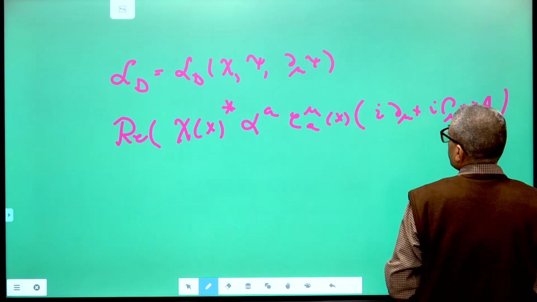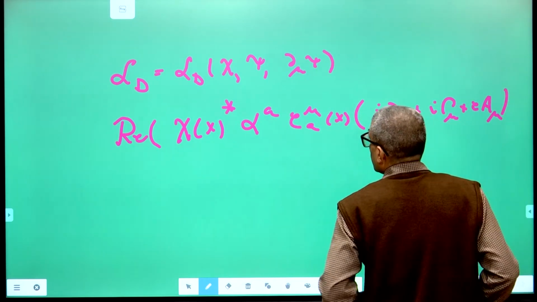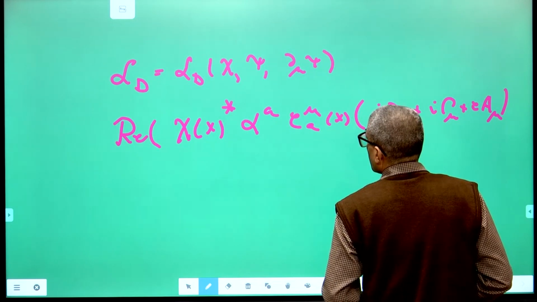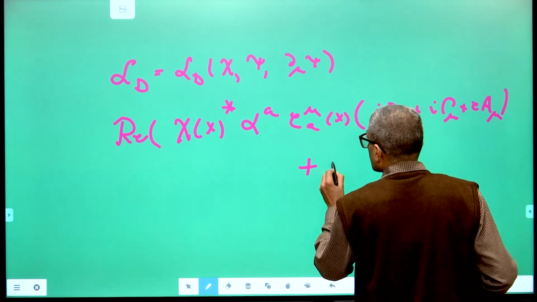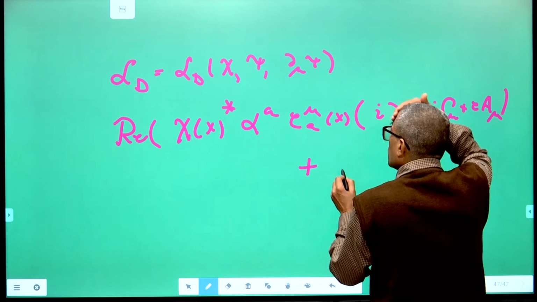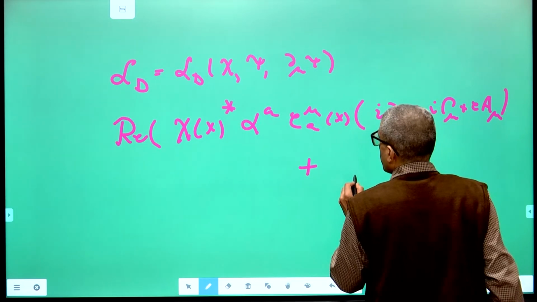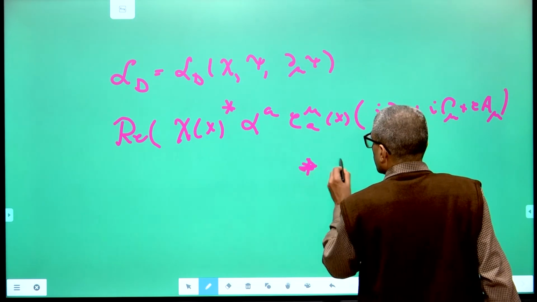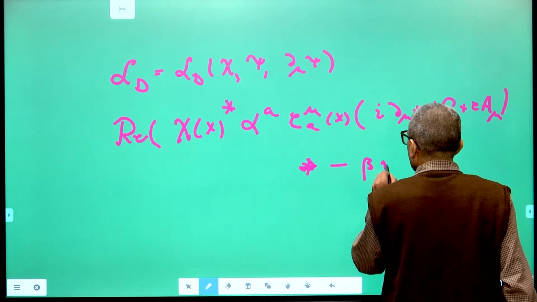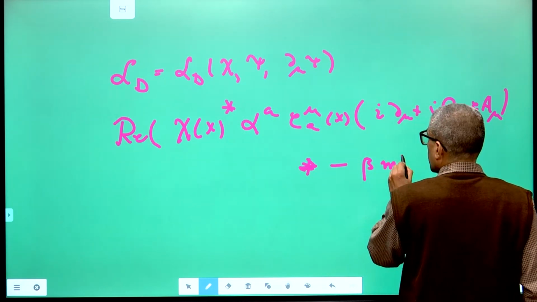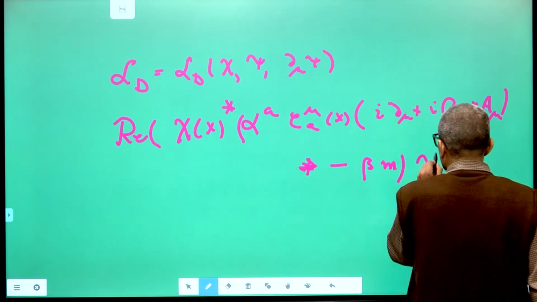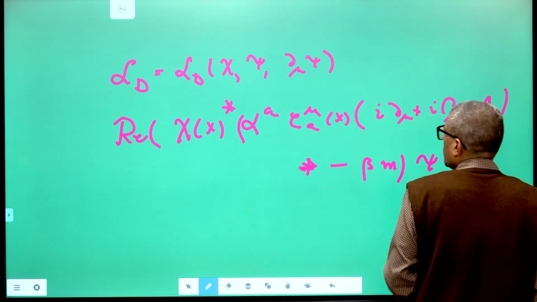All these things will come here, plus beta m, minus beta m. So this acts on psi. Real part because the Lagrangian has to be real.